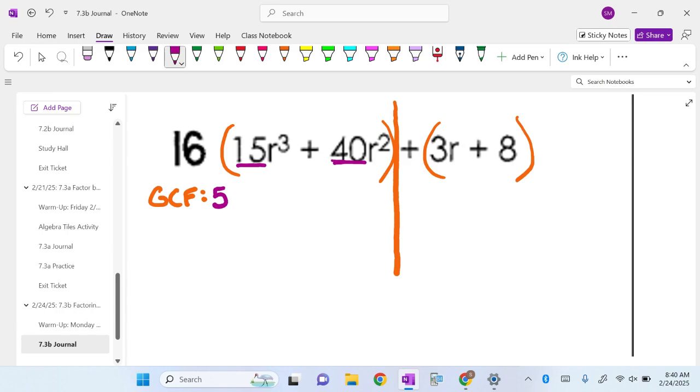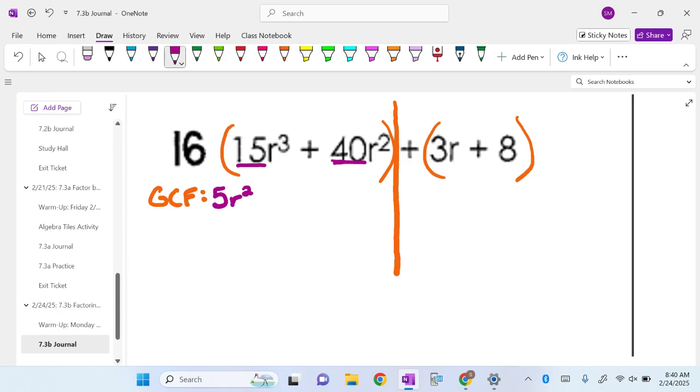Now, the r cubed and r squared, what would be the GCF of that? Riley M. So r cubed and r squared, what do they both have in common? How many r's do they both have in common? 2. So 2 r's would be written as what? R squared. Good. So that's the GCF of the first one.